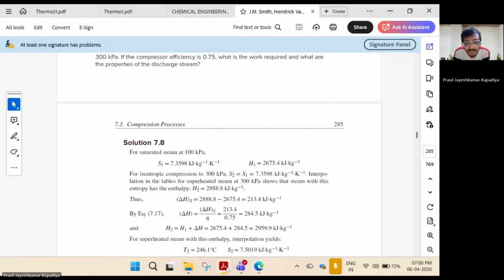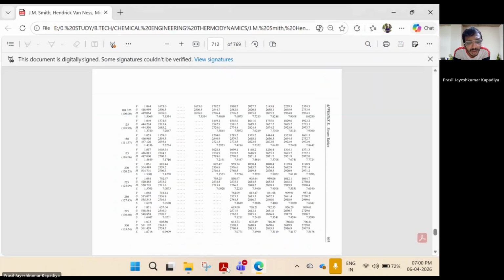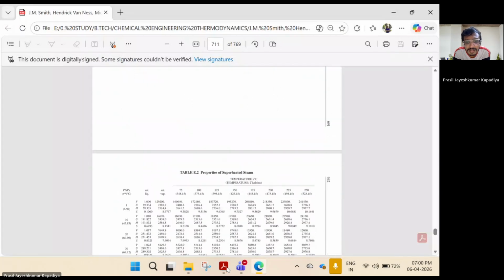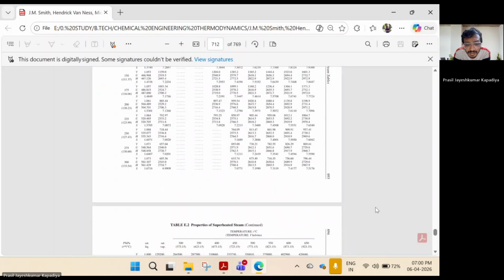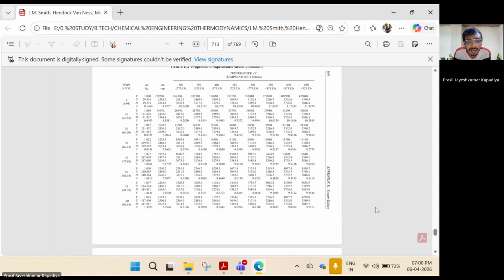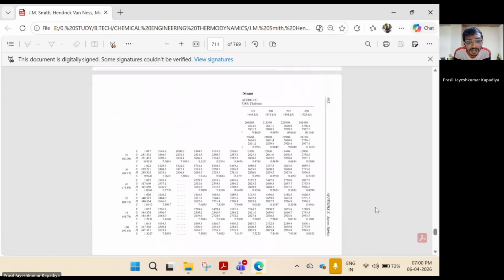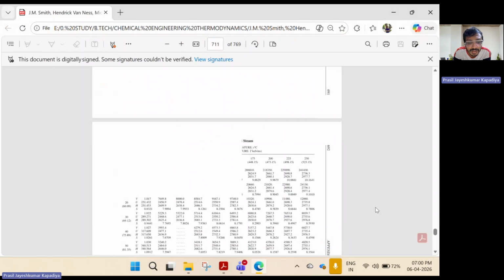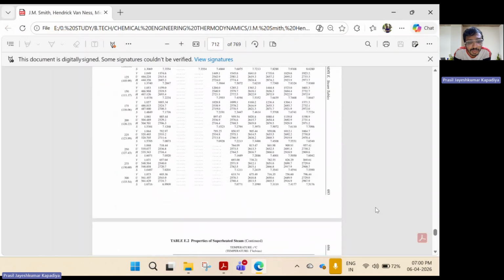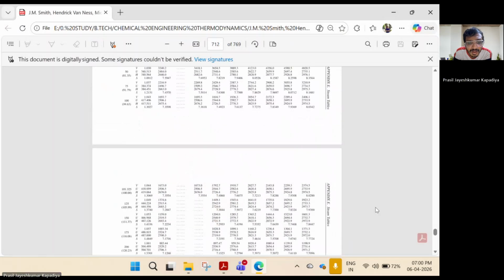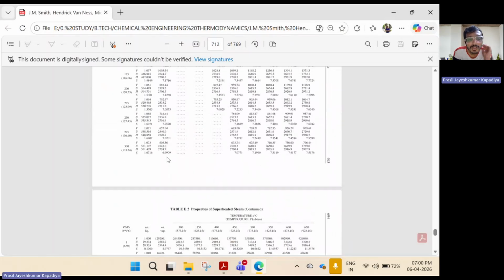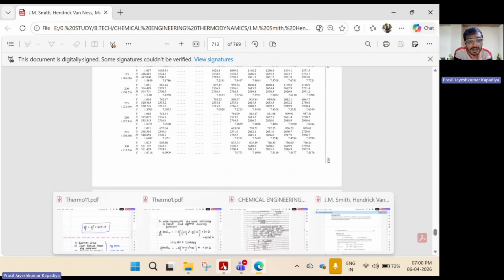At 300 kilopascal we have this value for saturated liquid vapor.